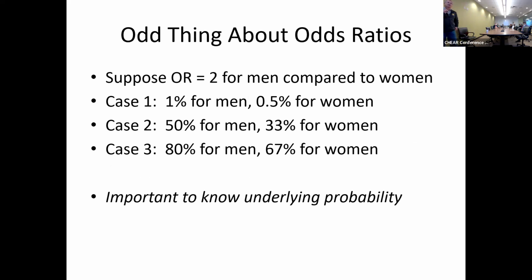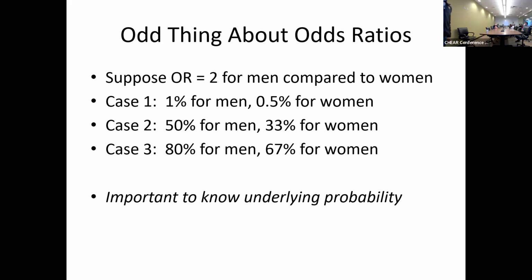So another interesting thing about odds ratios: if I just tell you that the odds ratio is 2, say comparing men to women for some outcome, that would be true if the probability for men was about 1% and for women was 0.5%. So two very small numbers, a ratio of 2 to 1. But that's also true for 50% for men and 33% for women, or 80% for men and 67% for women.